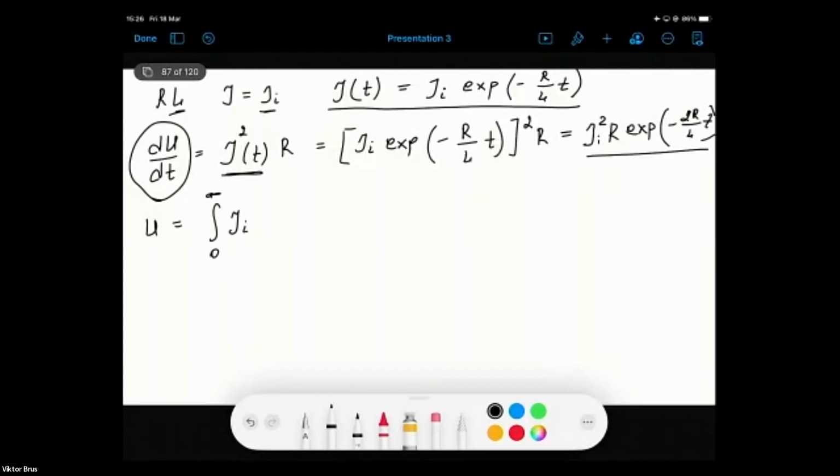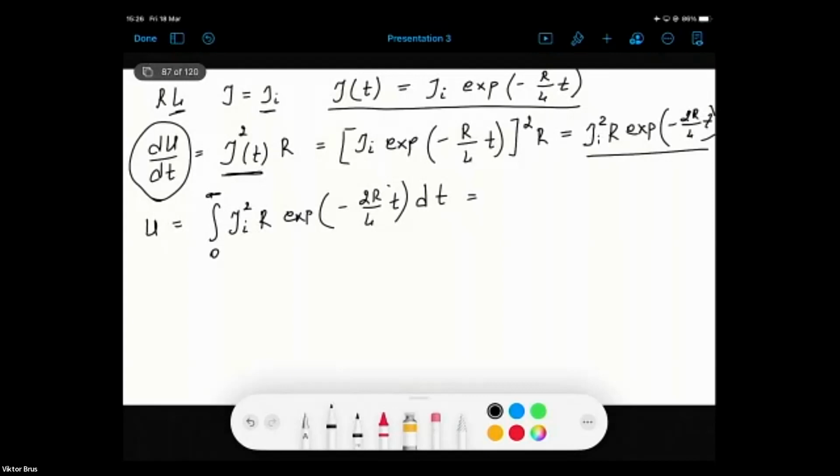of electric current initial in second power times R times exponent minus 2R divided by L times t, times dt.